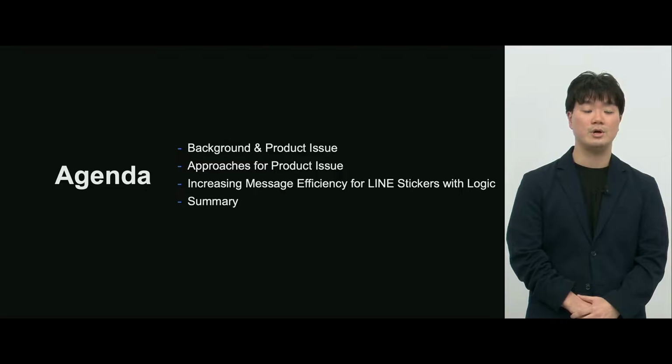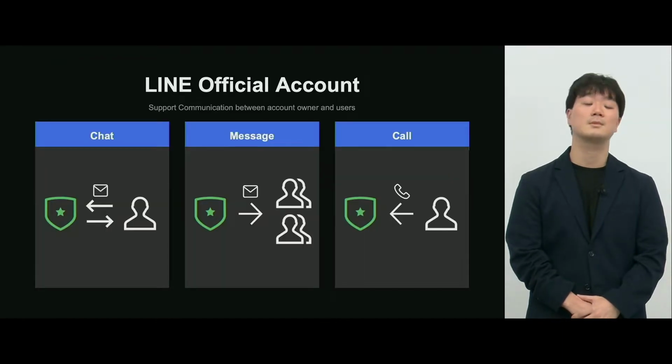In the second part, I'd like to talk about the improvement cases for the Line Sticker delivery from the technical point of view. So the first part is more related to product management, and the latter half is a more technical topic.